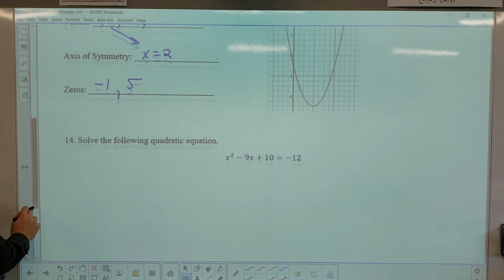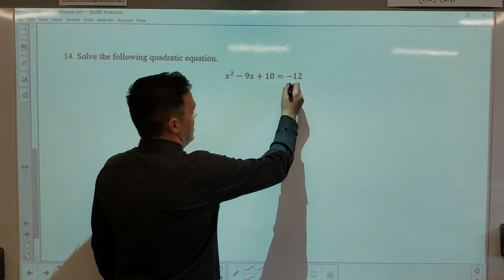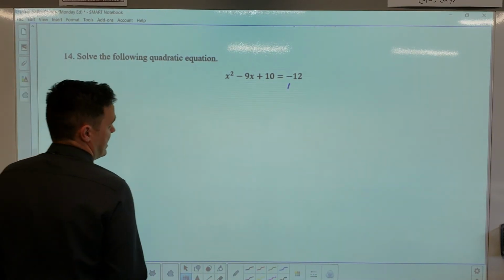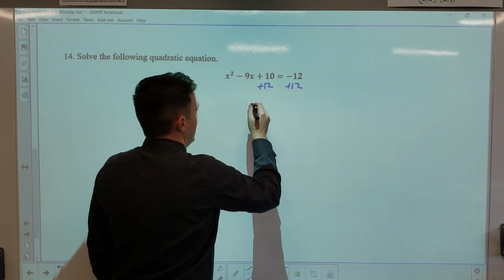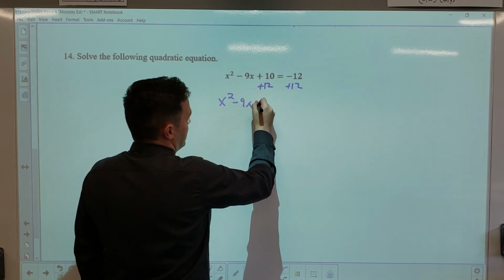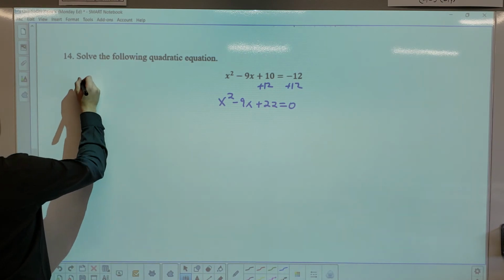And then solve the following quadratic equation. So same thing, let's see if we can figure this out. Add 12 to both sides. When we add 12, we get x squared minus 9x plus 22 equals 0. From that point, we're going to use the quadratic formula.